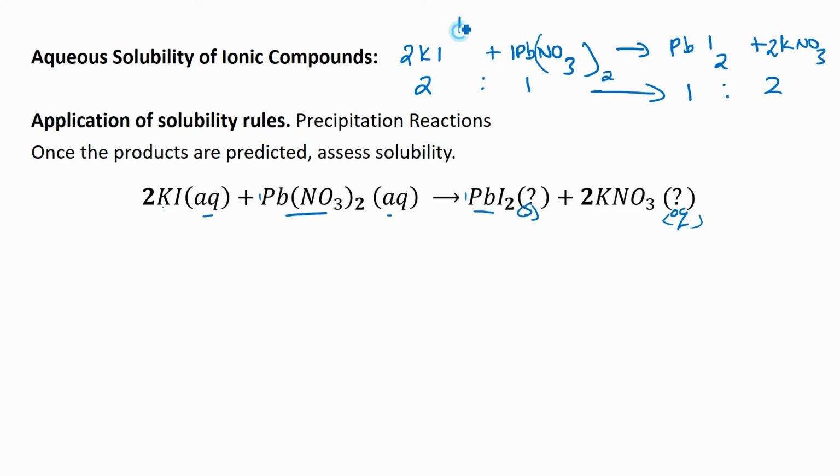So you really always have to balance your equation. So this equation right here is called the complete balanced equation. But we know some of these ions were spectator ions.